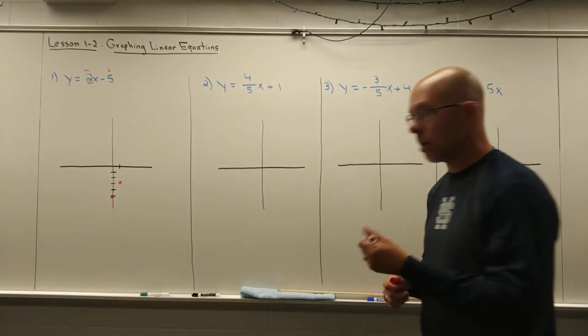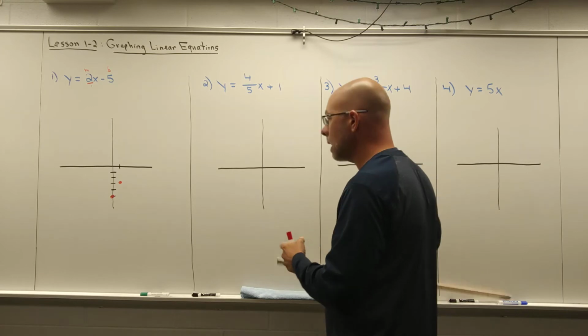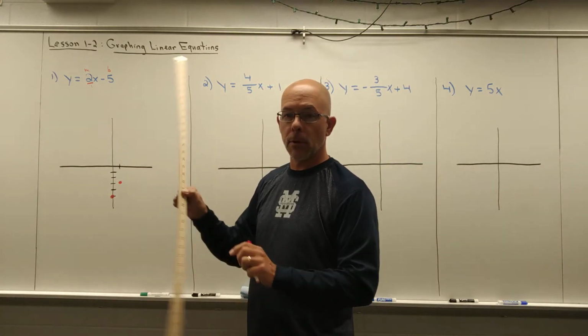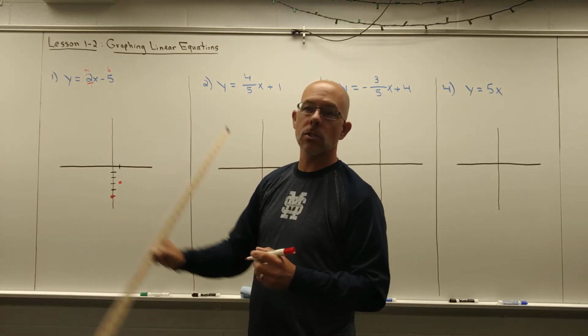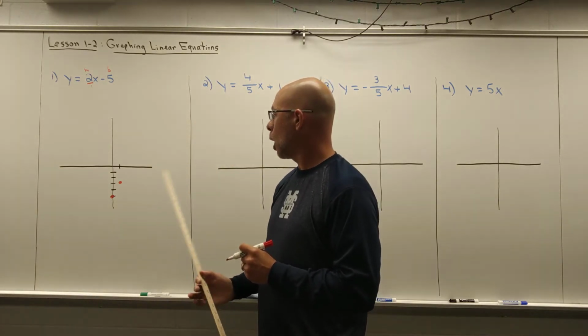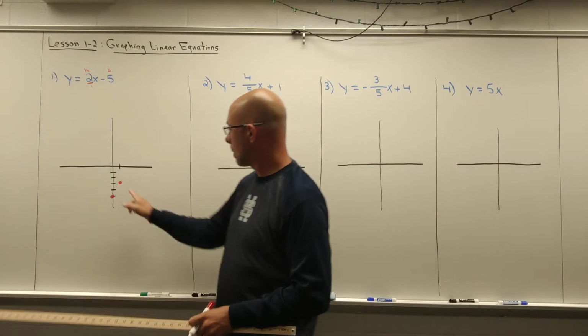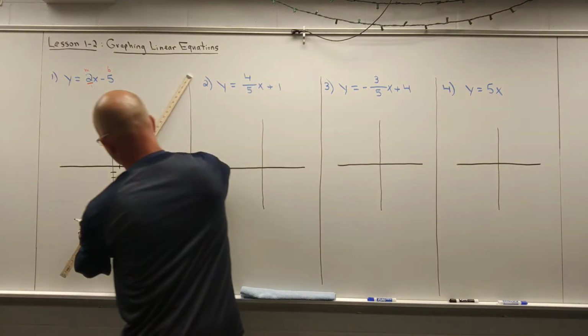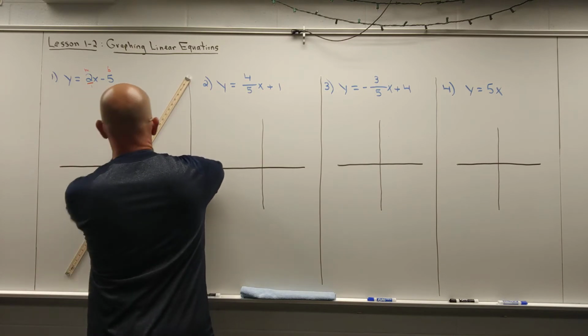Now, if we're drawing a straight line, I don't need more points. 2 points makes me a straight line, because I can put this ruler or yardstick or meter stick down and get it. I can certainly from here rise 2 and run 1 again, and I'll have 3 dots, but they'll all be in the same straight line.